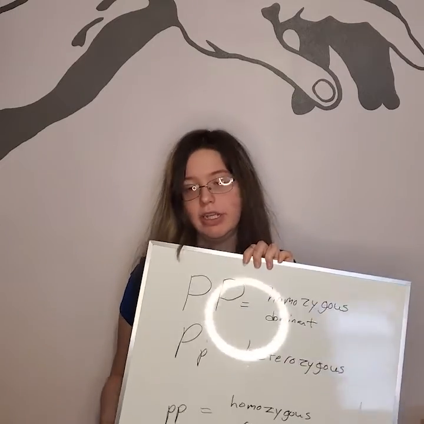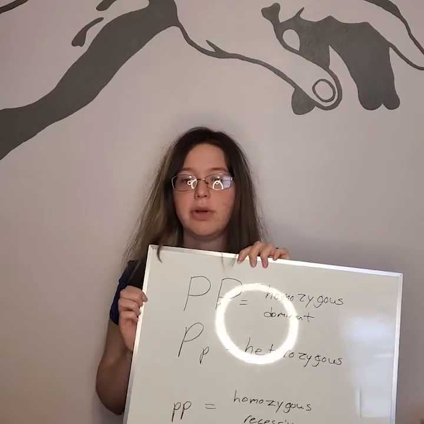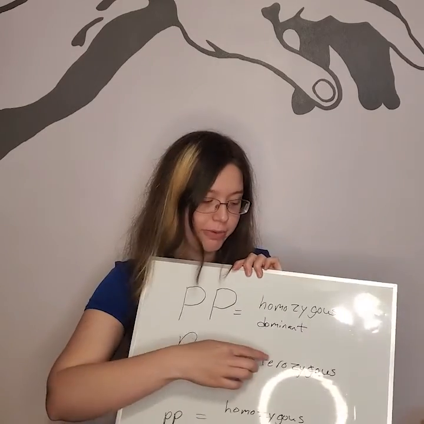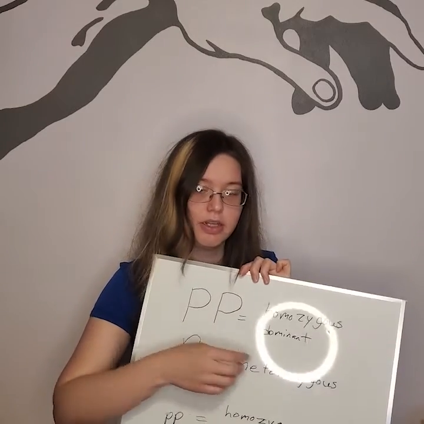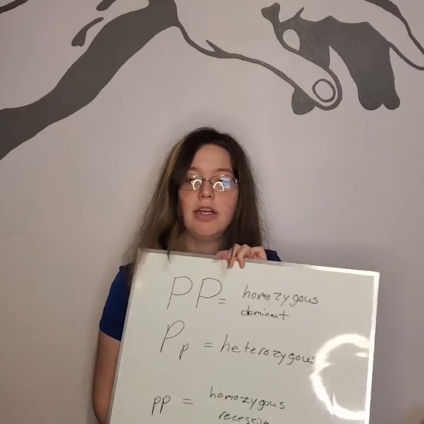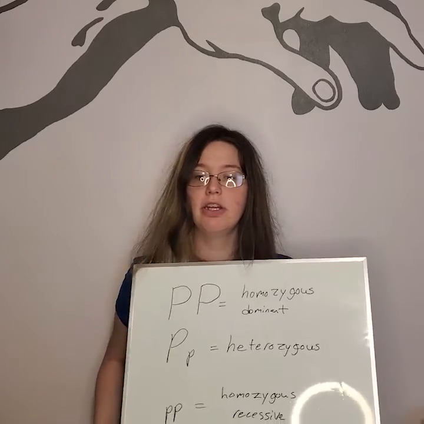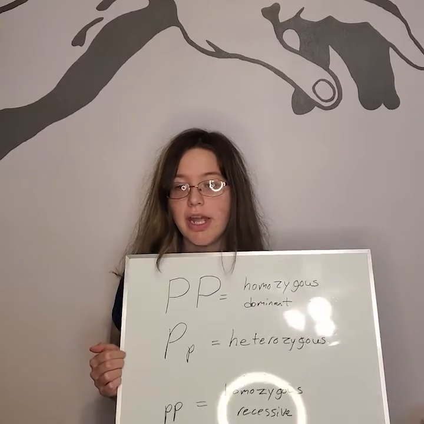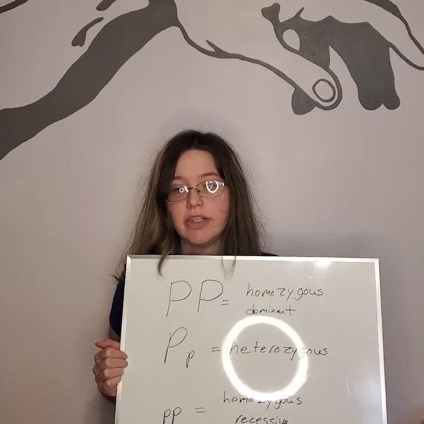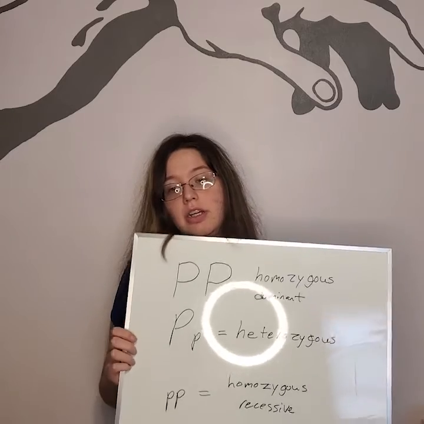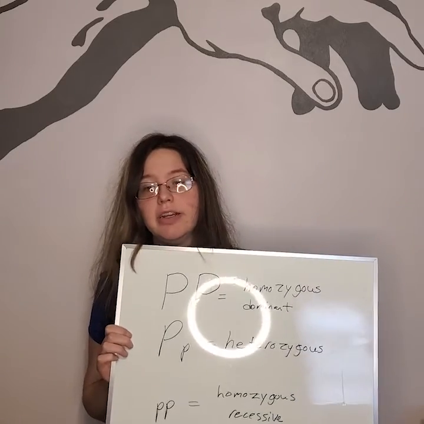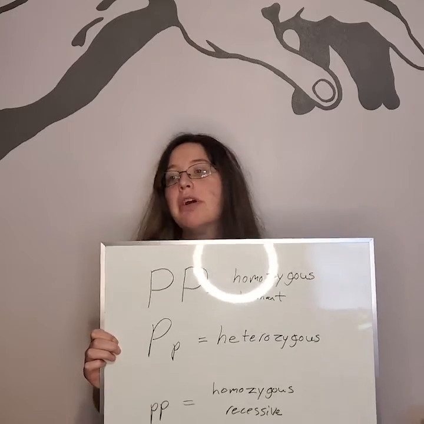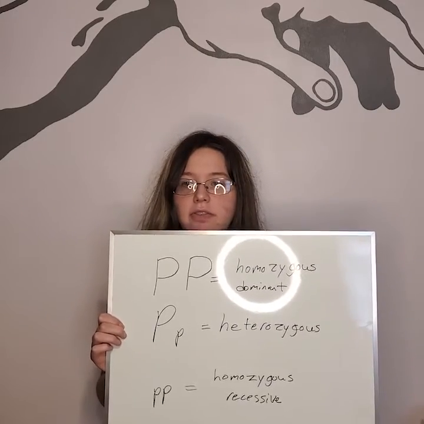Here we have 2 uppercase P's, and that is homozygous dominant. Then, if we have both alleles different from each other, it would be heterozygous. The recessive and the dominant allele are both there, and the dominant allele is expressed over the recessive allele.